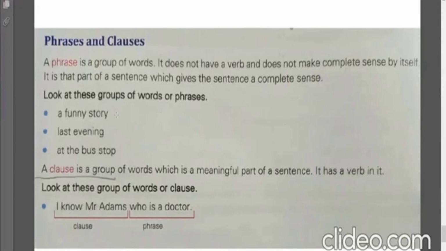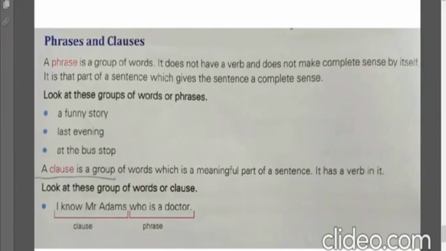For example, I have heard a funny story yesterday. This becomes your sentence, which gives you a complete sense. Second, last evening I went to the market. Again, it's a sentence with a phrase which is giving you complete sense.